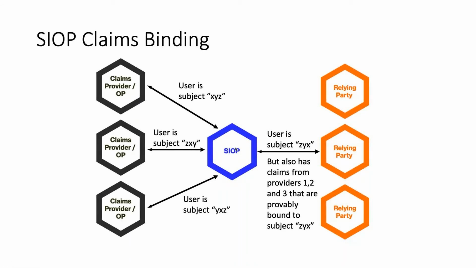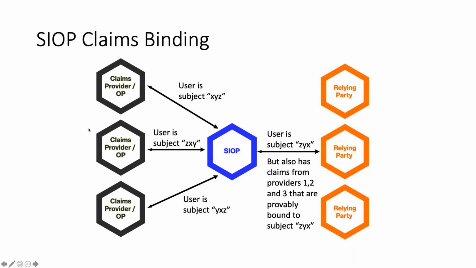And so the claims being presented either need to be suitably bound to that identifier or to the transaction. They need to be able to establish that user ZYX has claims from 1, 2, and 3, and the integrity of that binding is upheld.